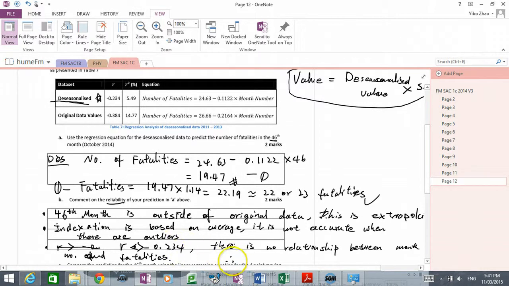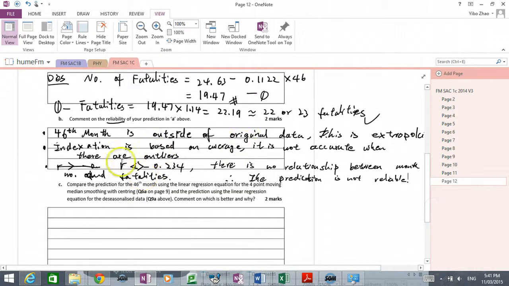So the prediction is not reliable. We can't write down the word accurate. Also, remember the indexation is based on average, so the indexes are not reliable. You need to mention indexes and the R value, then you have 4 marks. Each of these points will be half a mark.